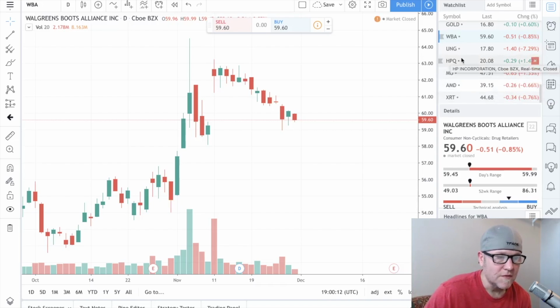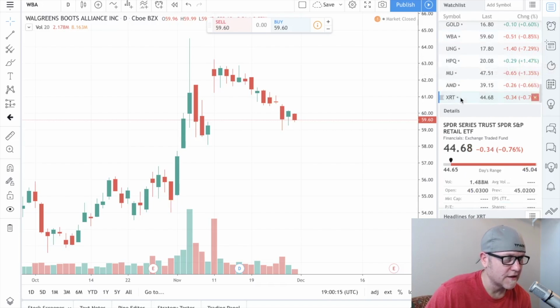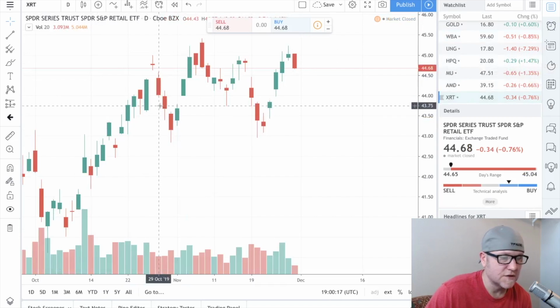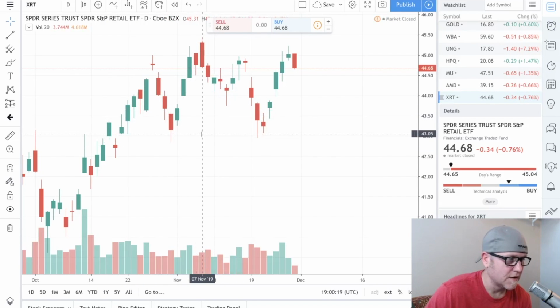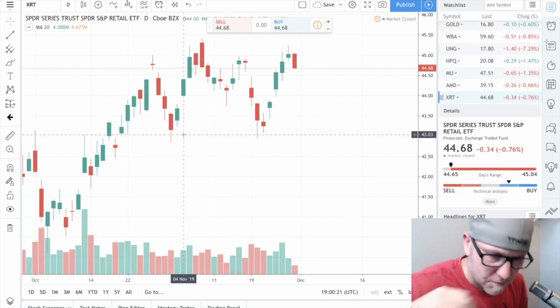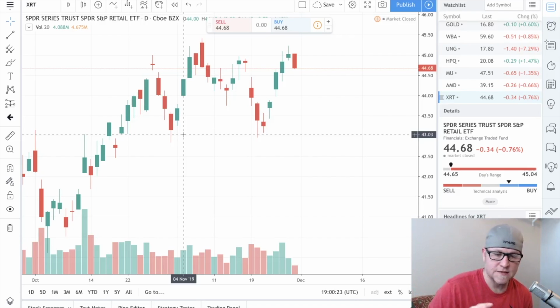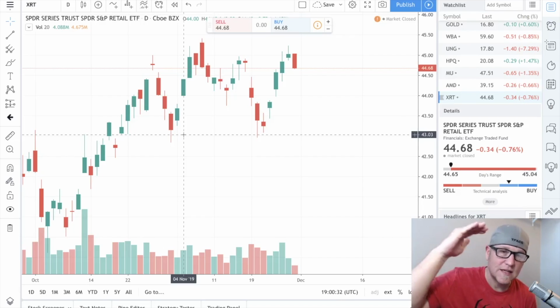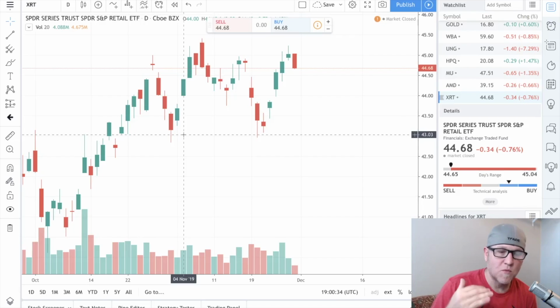So I want to look at the SPDR Series Trust, the retail ETF from SPDR. One of our major advantages as options sellers, as net sellers, is volatility. We want to be selling when volatility is high because we get more premium for selling.